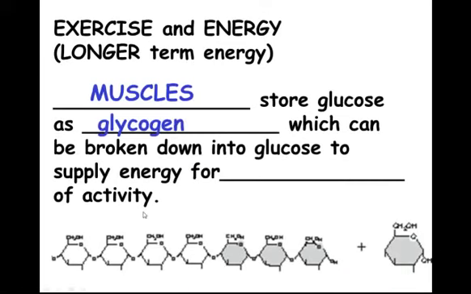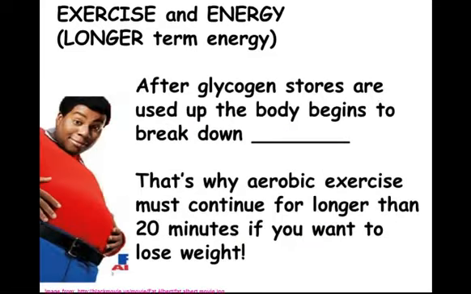Muscle cells store glucose as glycogen, and that can be broken down when the cell needs it for respiration. Probably you have enough glycogen stored in your muscles as backup for about 15-20 minutes. And after that, we need something else to burn, and our big backup is fat. Fat is the way your body stores energy for the long term.